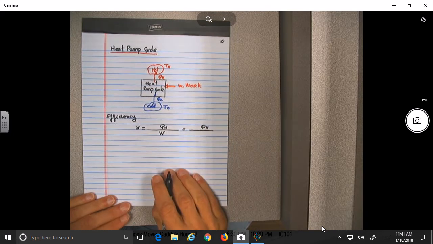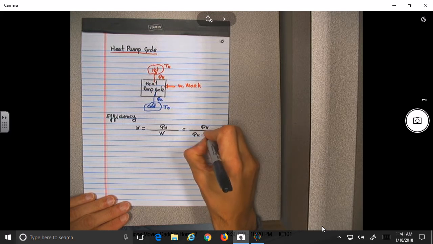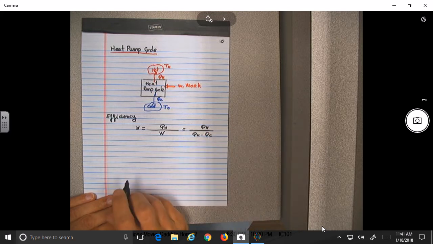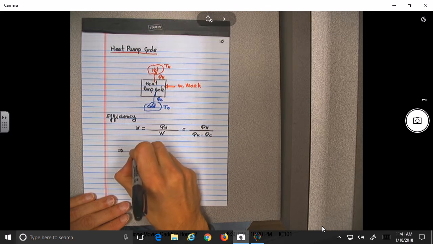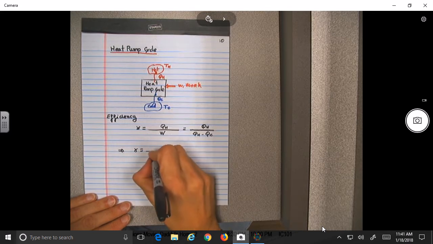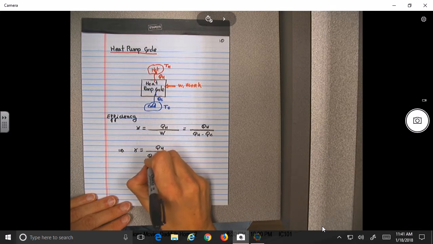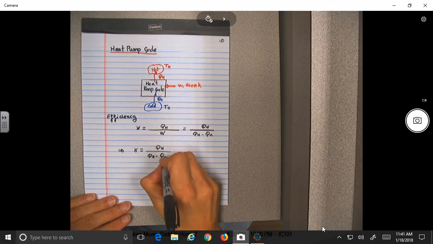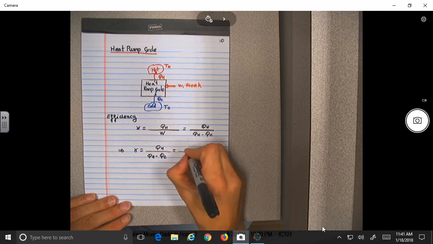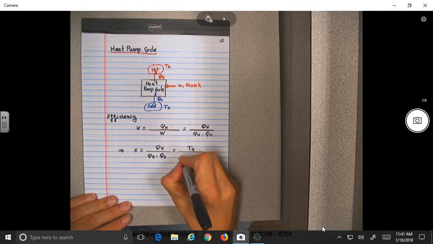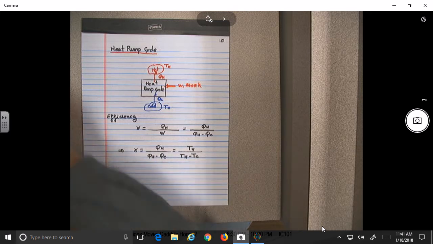So this is equal to what? Q hot divided by Q hot minus Q cold, or if we follow the same as before, this will be equal to T hot over T hot minus T cold.